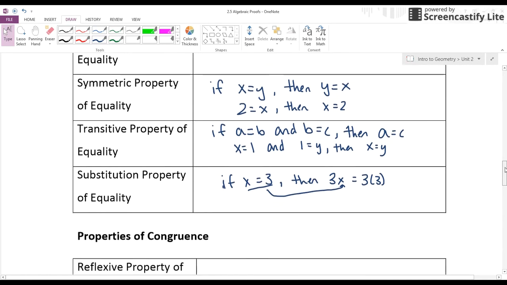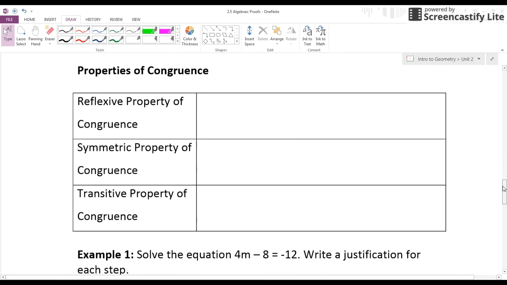Some of those same properties work with congruence. The only difference now is we're looking at the congruence symbol. So the reflexive property of congruence. Now, instead of looking at numbers, remember when we're talking about congruence, we're talking about an image, right? So we're thinking a figure. We saw the reflexive property of equality earlier saying, for example, 1 equals 1, right?